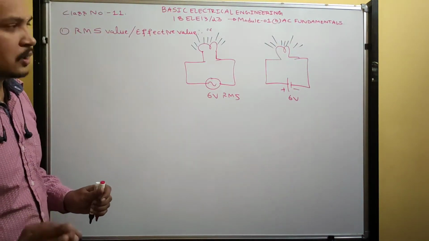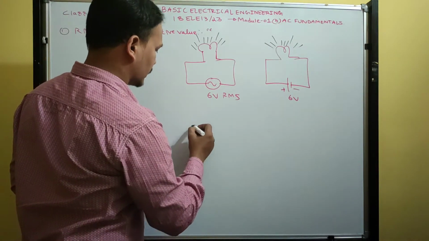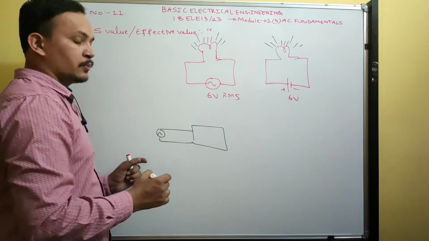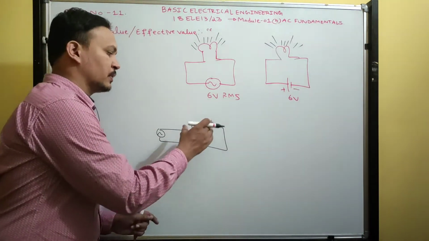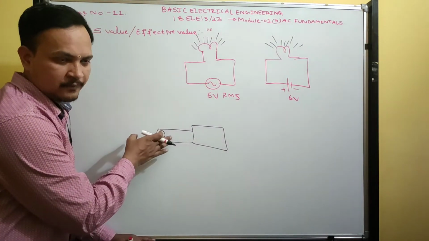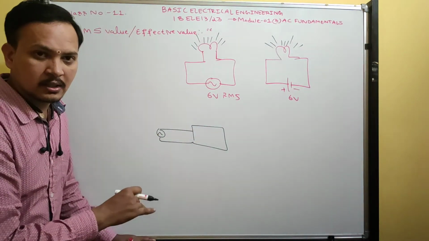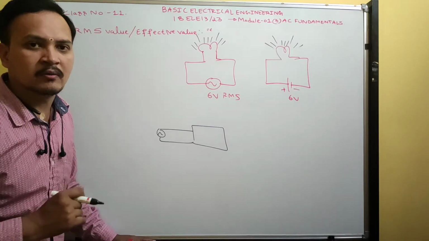Got it? Otherwise, consider an electric stove. You apply some AC voltage and it produces some amount of heat for the same circuit for the same time. Later give a DC steady supply, then also it will give the same amount of heat for the same circuit and same time. That is called RMS value.